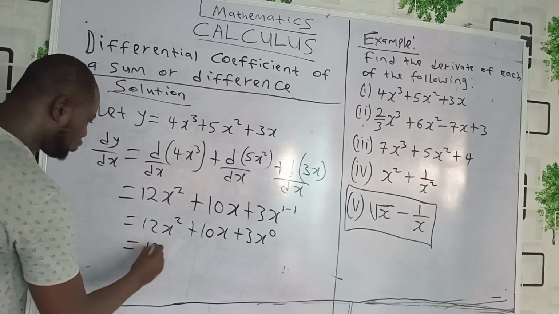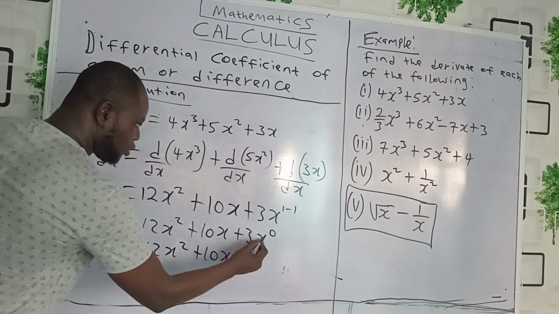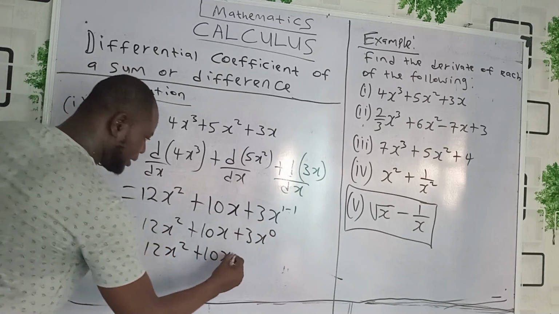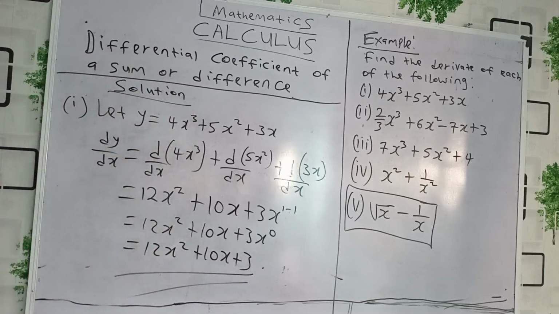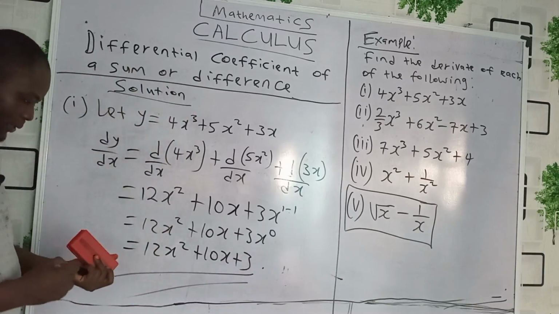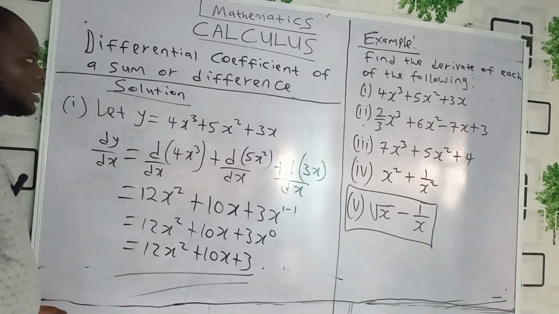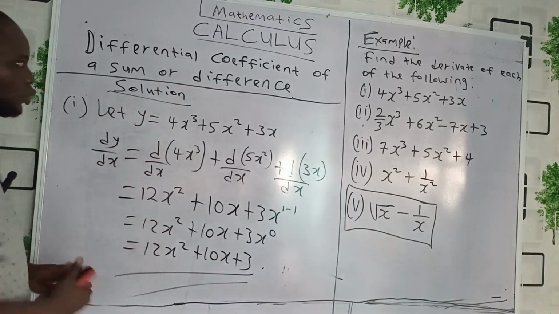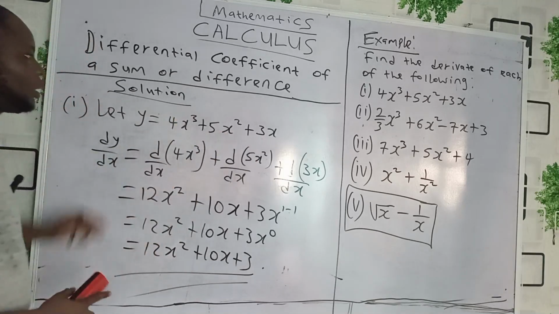So that's going to be 12x squared plus 10x plus 3, since 1 times 3 is 3. Wow, that is beautiful. Do we get that, everyone? It's as simple as that. We are just using that rule because we have a sum all through, and we have 3 functions.